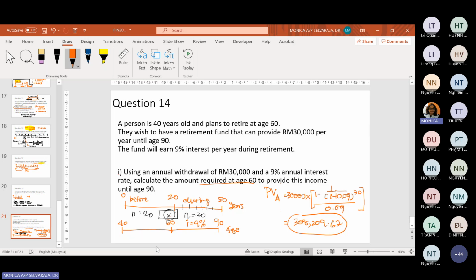That means at the end of the 61st year, she can withdraw 30,000 annually for a period of 30 years. Okay, do you have any questions for me? No questions. Okay, I assume you understand.